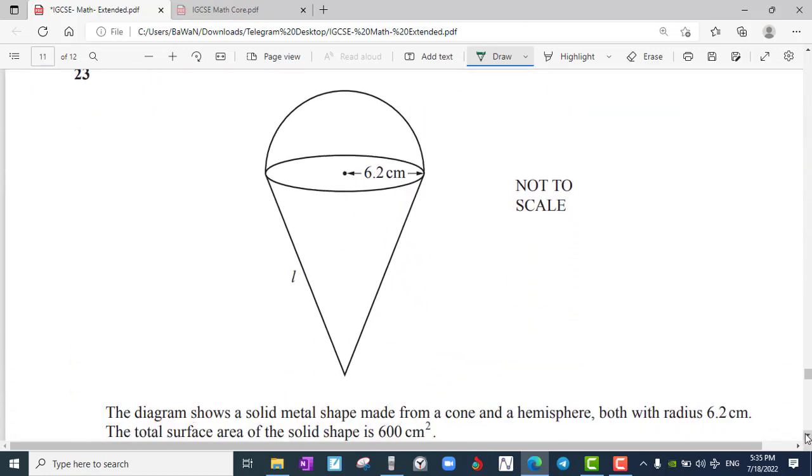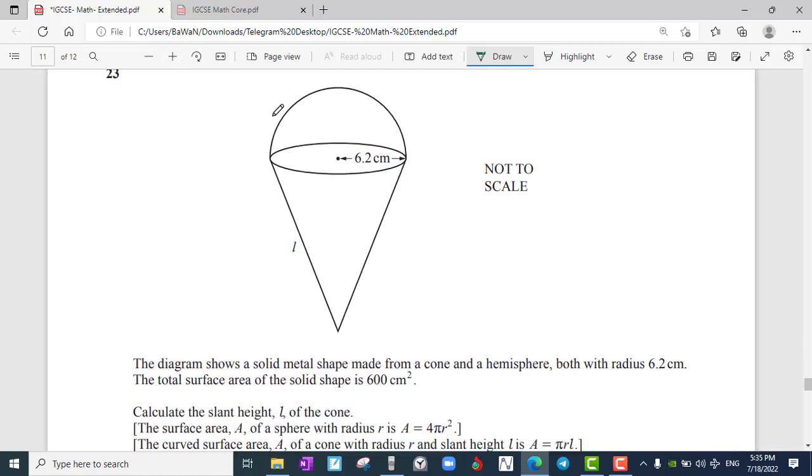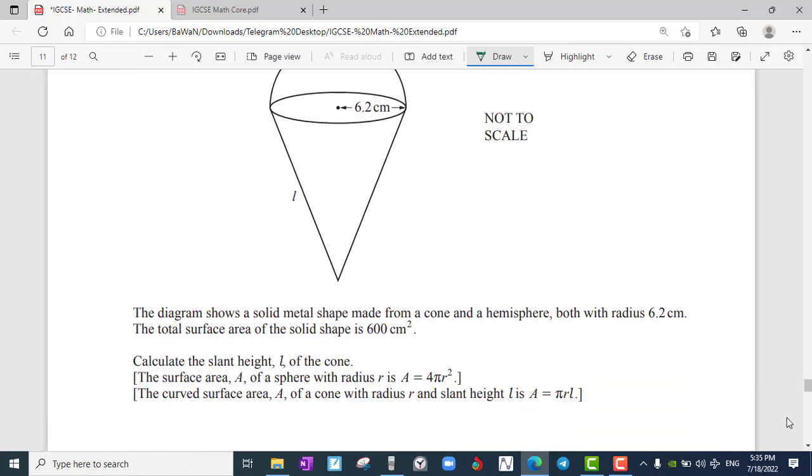The last question, it's a 3D shape. The diagram shows a solid metal shape made from a cone and a hemisphere, both with radius 6.2. The total surface area of the solid shape is 600 centimeters squared.